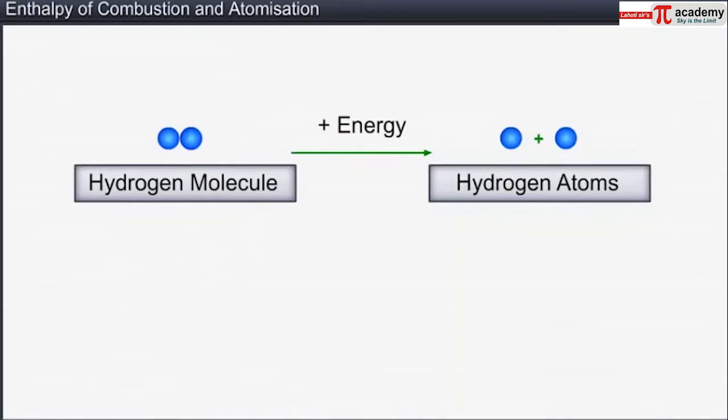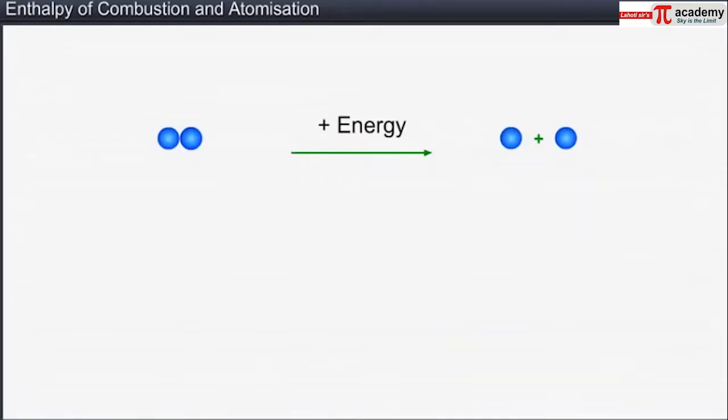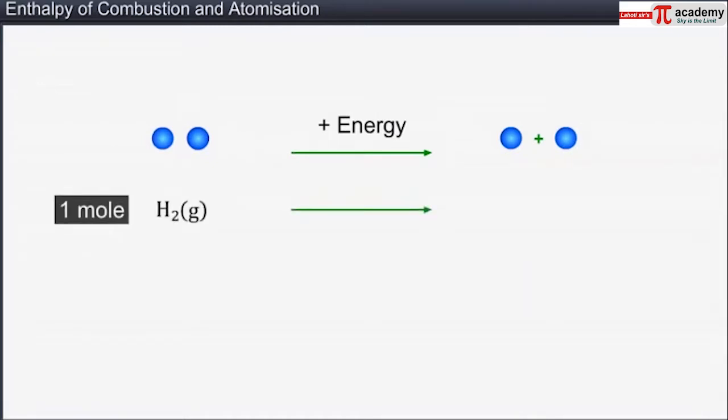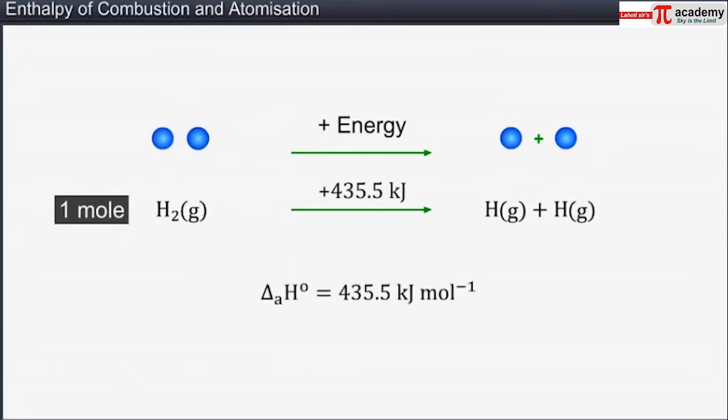In this reaction, hydrogen atoms are formed by breaking of H-H bonds in dihydrogen. The conversion of 1 mole of hydrogen molecules into hydrogen atoms requires 435.5 kilojoules per mole of energy. Therefore, the enthalpy of atomization of dihydrogen is 435.5 kilojoules per mole.